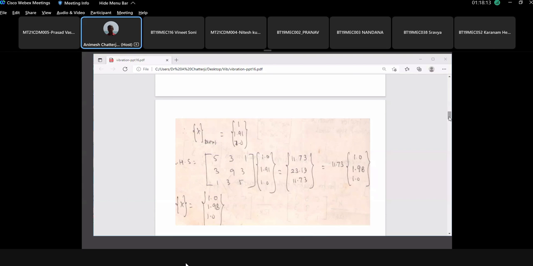As such, whatever I have discussed, two things I have not considered. One is damping. In Lagrange equation also, how to bring in damping. So I have mentioned that we don't bring in damping in the original equation of motion. We bring it, and in multi-degree of freedom, we'll discuss it again.